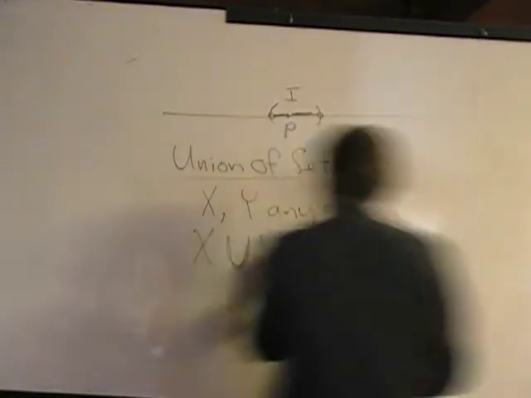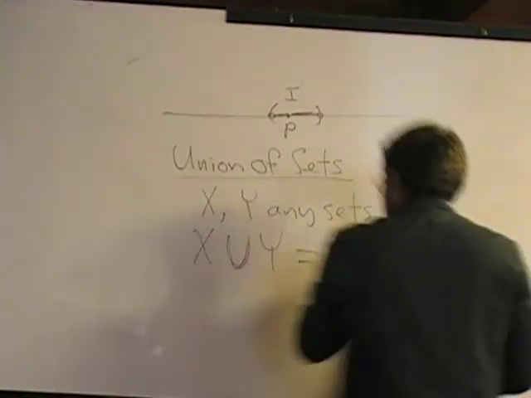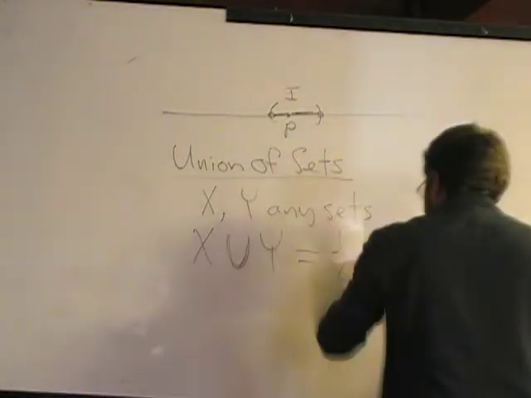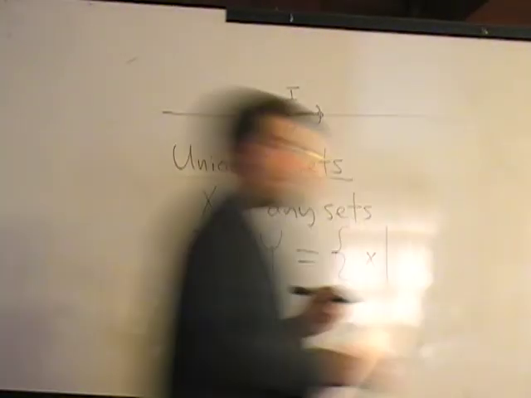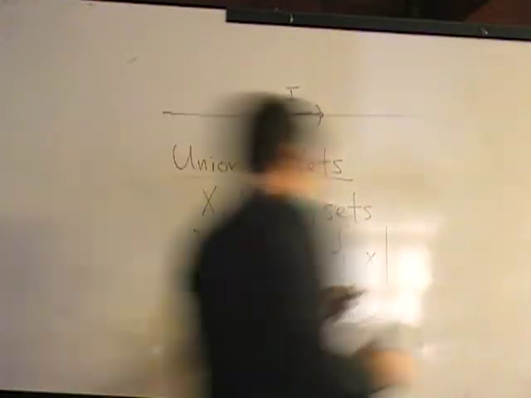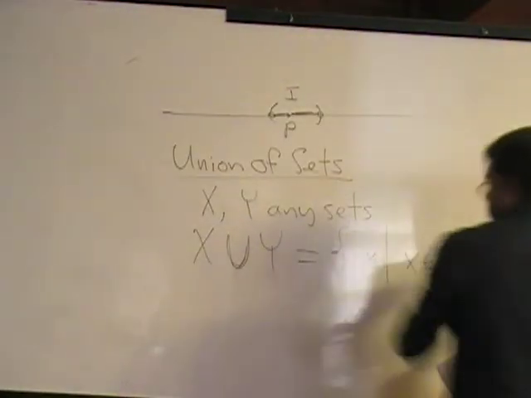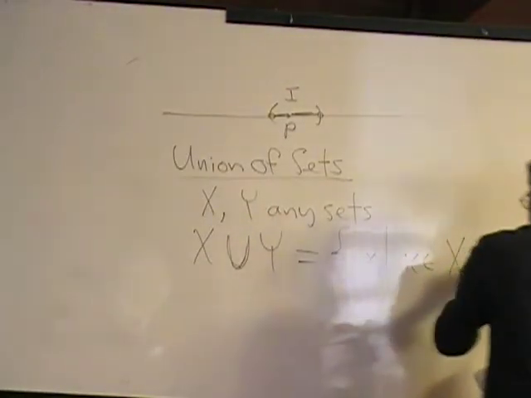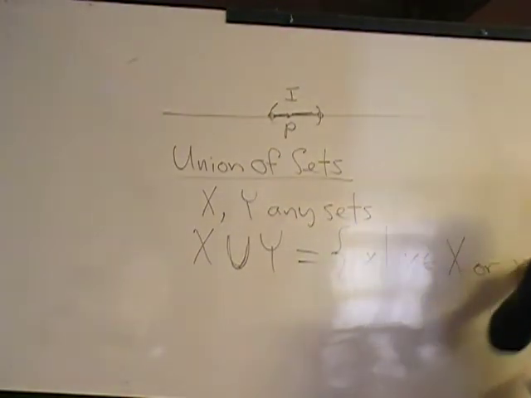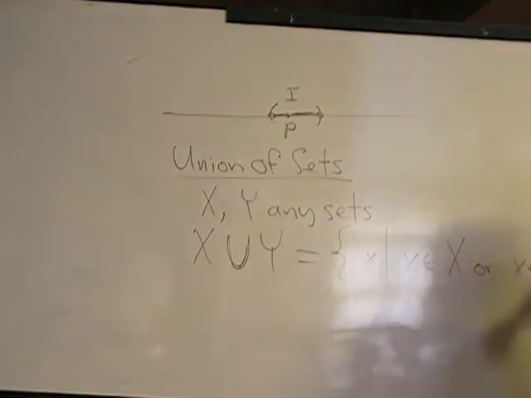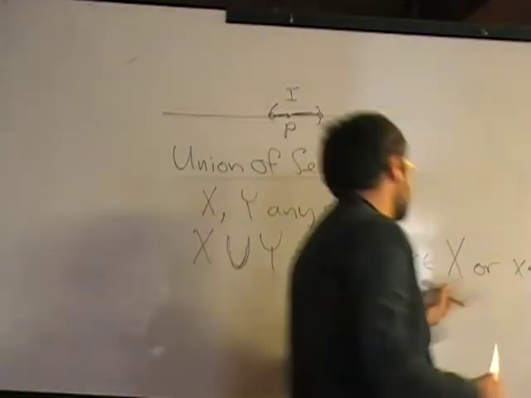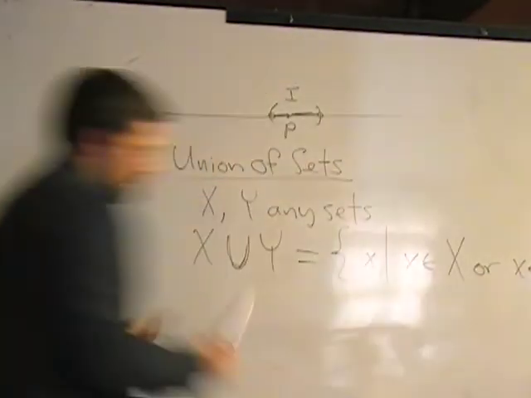So X union Y is the set of all things x such that x is in X or x is in Y. Now it could be in both, and then both of these statements are true. Okay, that's the union of sets. Very simple.